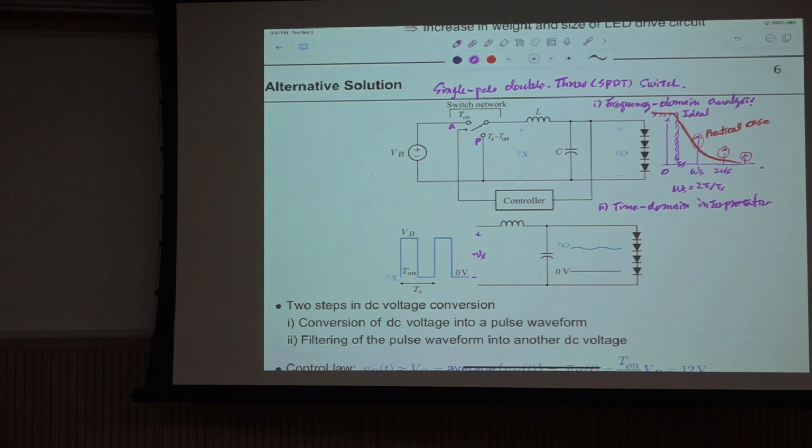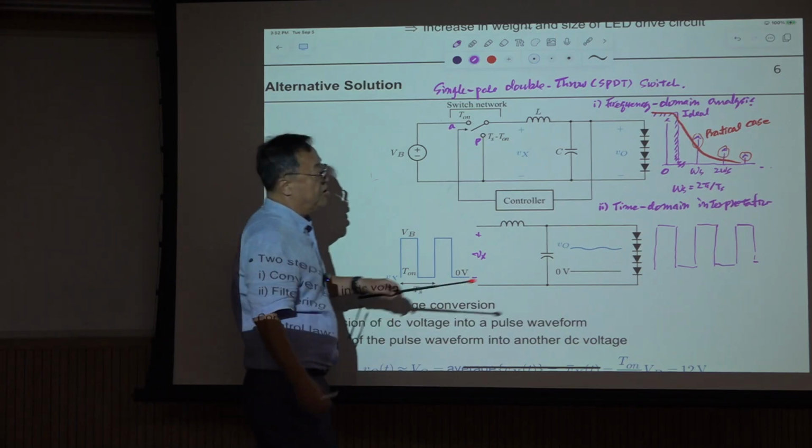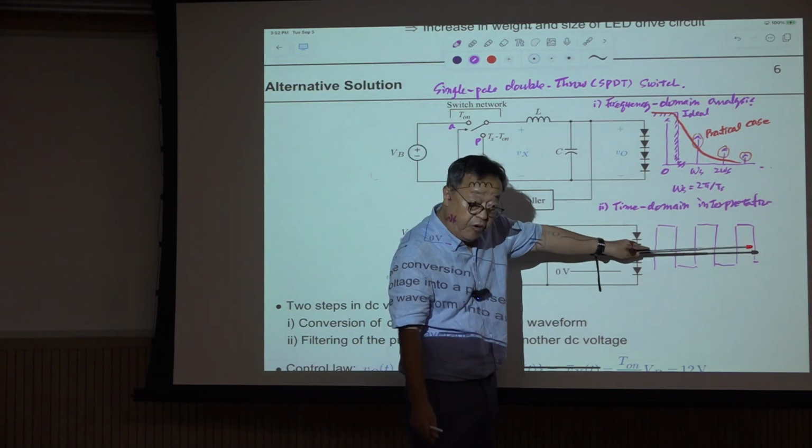In the time domain, this low pass filter is just taking the average value of this pulsating waveform.